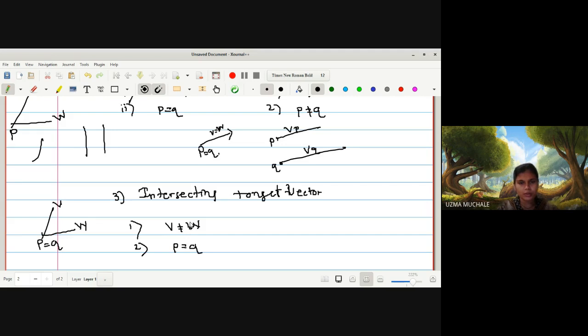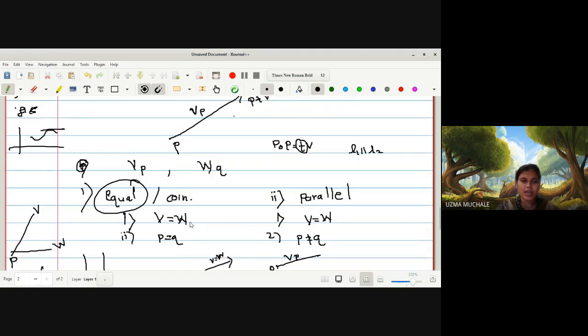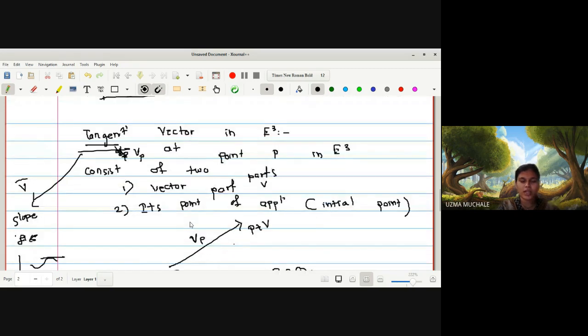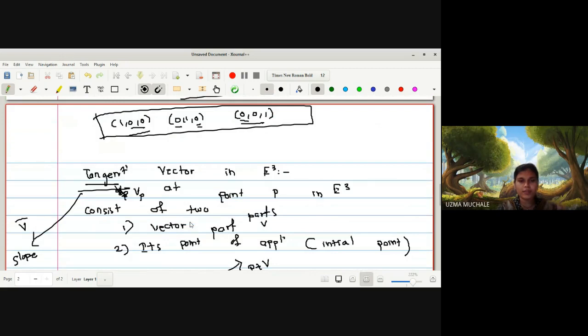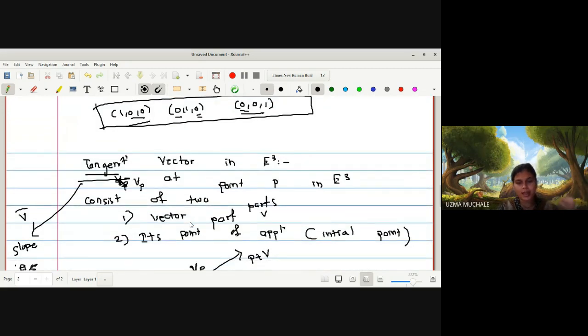Have you understood the 3 points? First, we started with the definition of a tangent vector. Don't confuse it with the tangent we have seen for the slope of a tangent, or the rate of change in f dash, which we can find if function f is given. Also don't confuse this with the vector, that it should have a direction; there is no such compulsion.